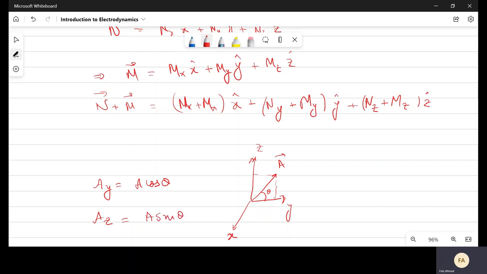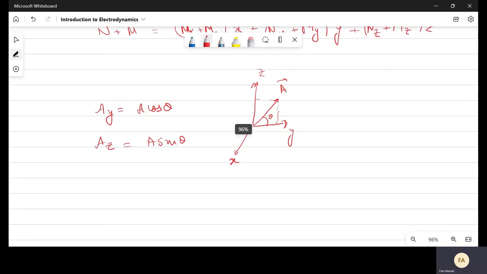So these are the two components of vector A, and the vector A is ax x plus ay y plus az z, and we are assuming ax is equal to 0.